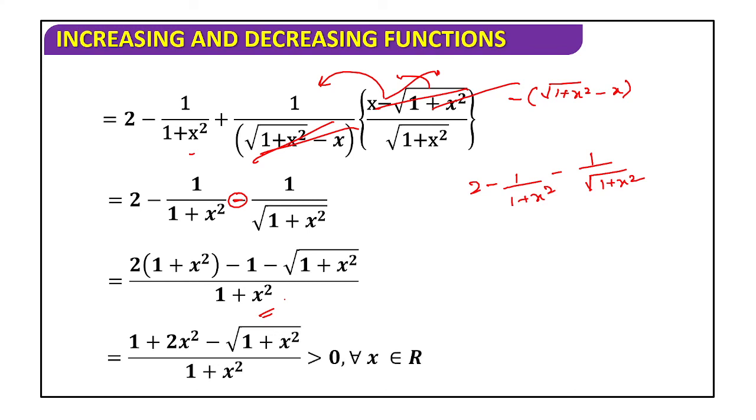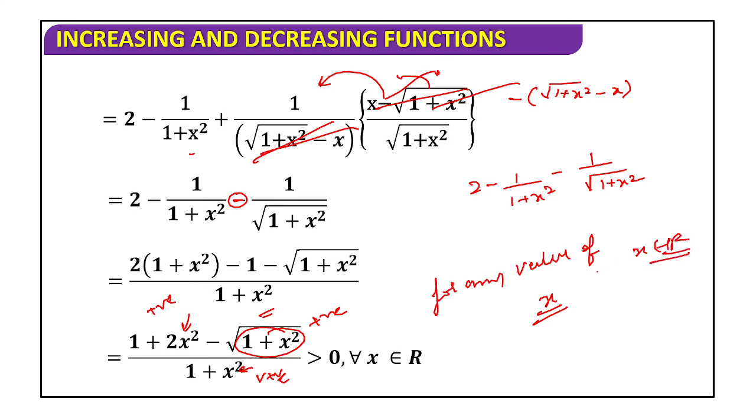Take LCM and simplify and you can see this is always positive for any value of x, because x square is always positive if you give any x belongs to R. So for any x belongs to R, this is always positive.